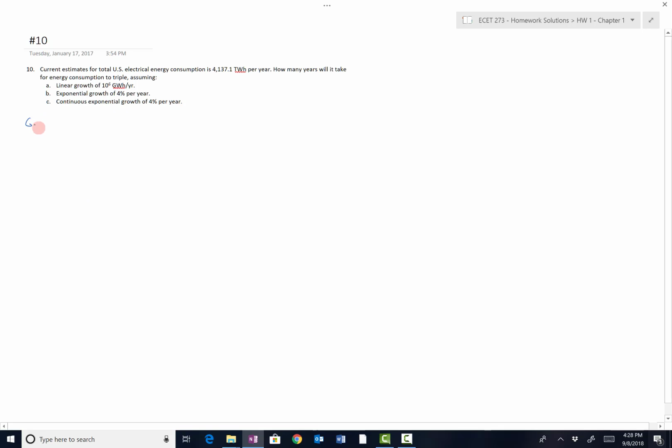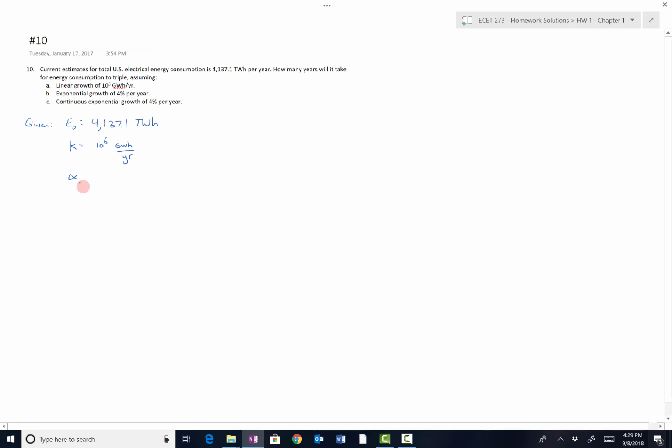So the givens in this problem are the initial quantity E0, 4,137.1 terawatt hours, and the linear growth constant, K, of 10 to the 6 gigawatt hours per year. We are given the exponential growth constant, alpha.